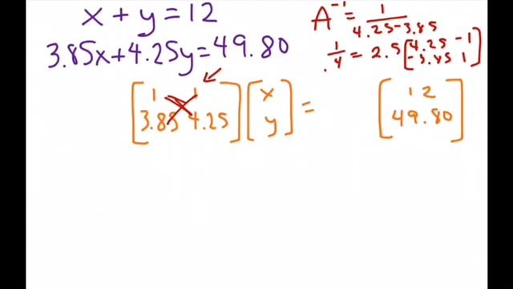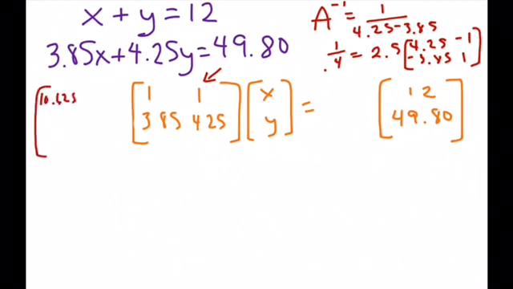Now when I do the actual math, what I'm going to get is 10.625 and negative 2.5 and negative 9.625 and 2.5.